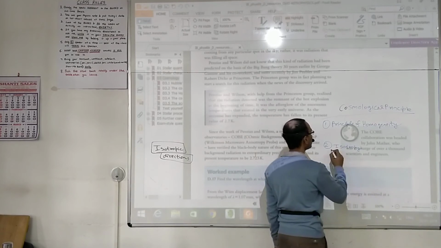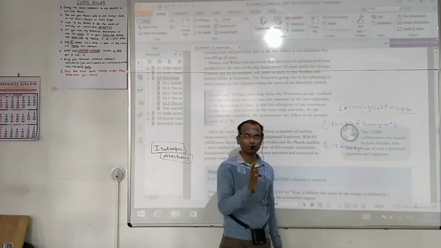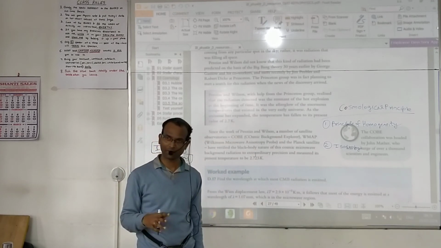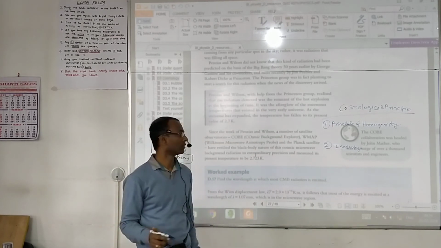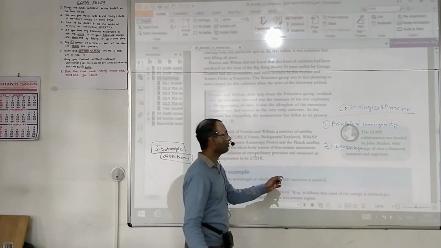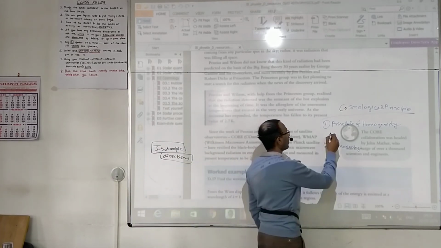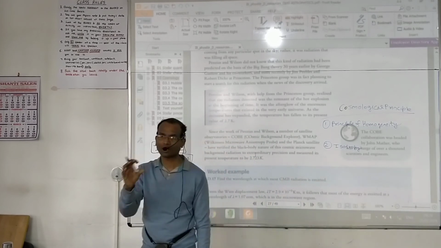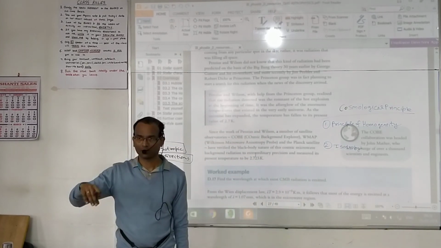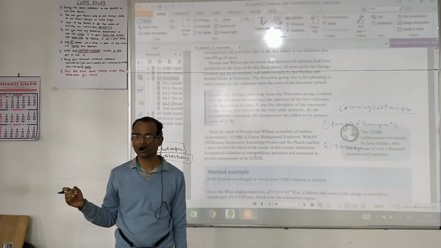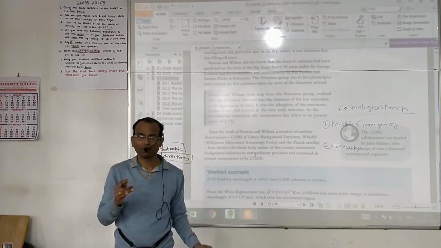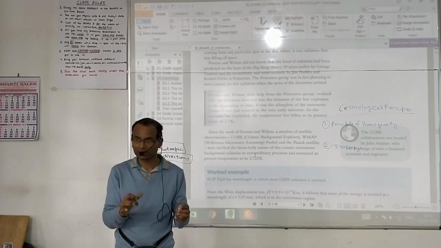Isotropy means in any direction you go, you won't find any difference. The universe appears the same in any direction. And homogeneity means, if you look at the solar system, there is a star, planets orbiting at different distances, and you don't see any other solar system like this. So the universe seems different at different locations.